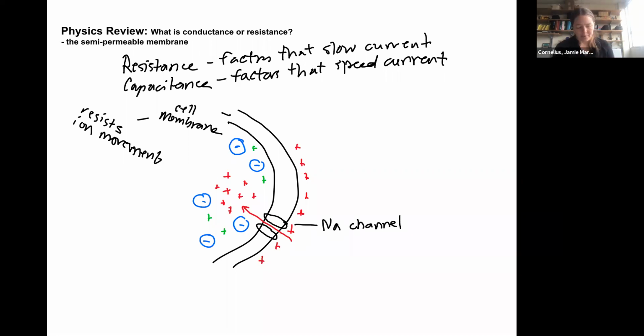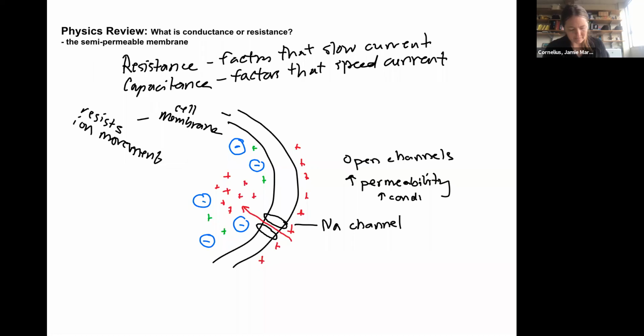But essentially, as you open channels, you increase what's called the permeability of the cell membrane to that ion species. Whichever way it moves is going to be dependent upon its electrical and its chemical gradient. But if you open the channel, you increase permeability. And this is going to function to increase conductance across the membrane and decrease its resistance.